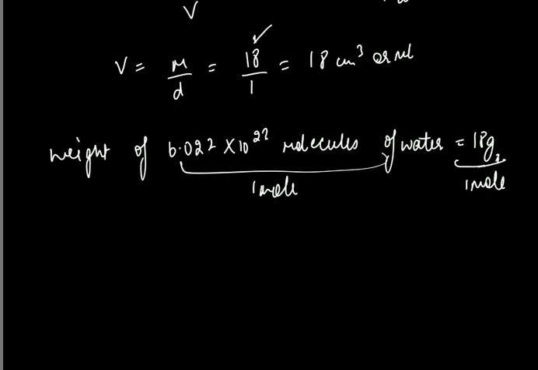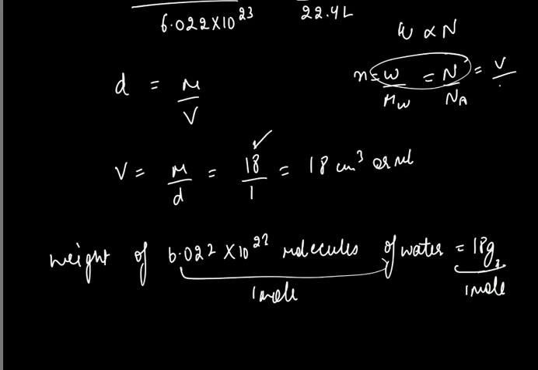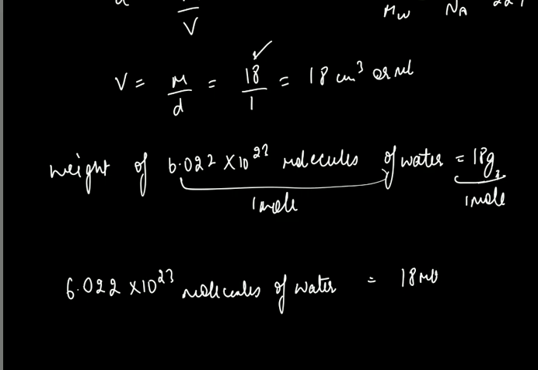Since 18 gram and this weight, all these are directly linked, the mass, number, and the volume, I can say that these many molecules of water, which is 1 mole, is also equal to 18 ml or 18 centimeter cube, right?